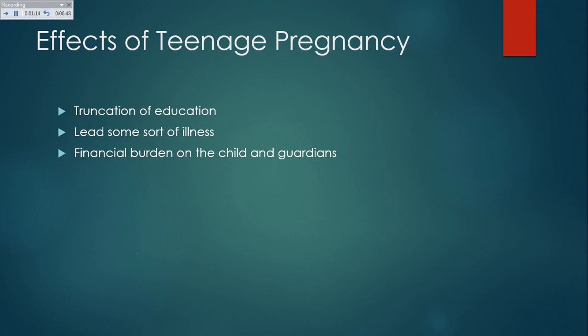This includes financing for the upkeep of the teenager, hospital issues, where the child gives birth, everything around it. And then taking care of the new child that is born involves finances. And where both the child and the guardian cannot afford it, it brings about this financial burden.